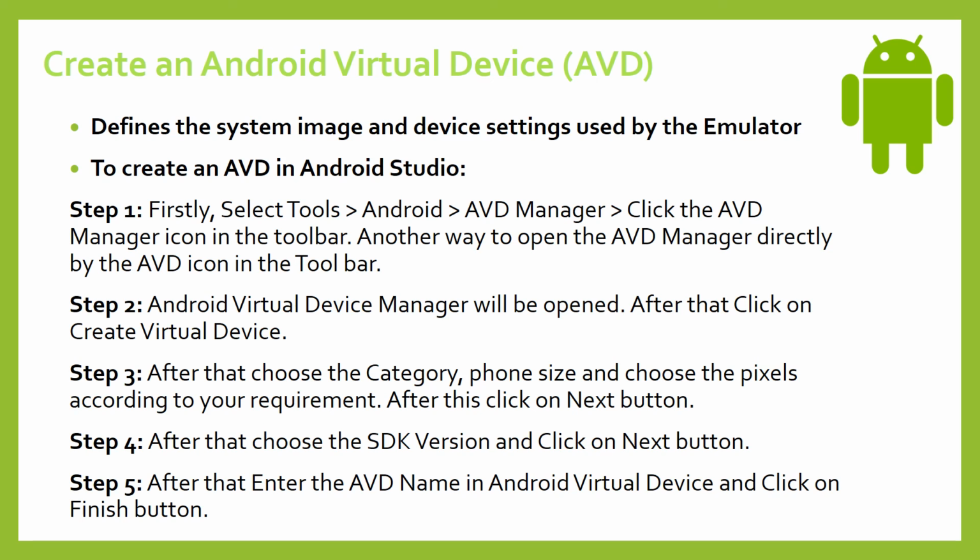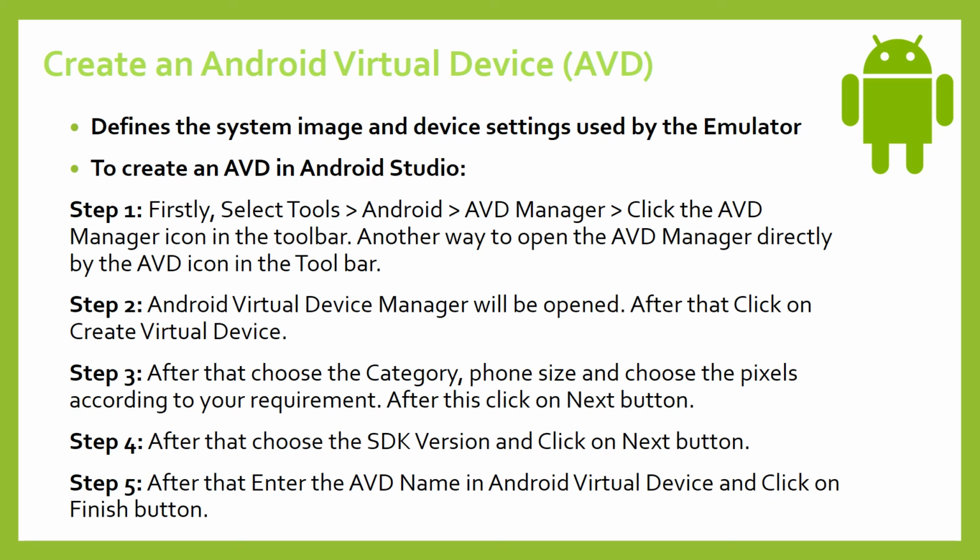So we have to click the button Create Virtual Device. Once we do it, you can select from a list of categories. You can select what category of phone you want to design. Select for the emulator what is the font size, what is the resolution, what is the pixels based on your requirement.